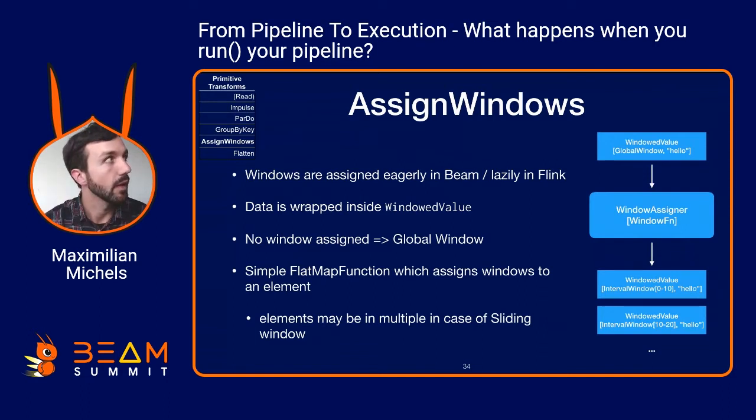But important to notice that an element can actually be part of multiple windows, for example in the case of sliding windows, where the timestamp of an element can be included in multiple windows. I forgot to include that there's also a timestamp, of course, associated with the element.